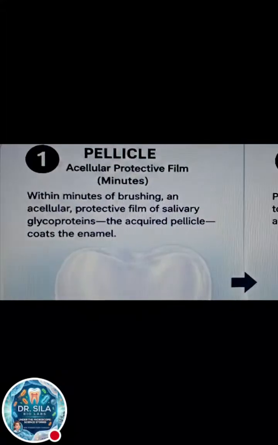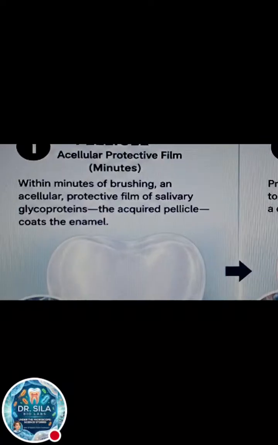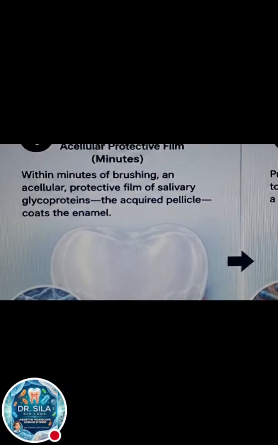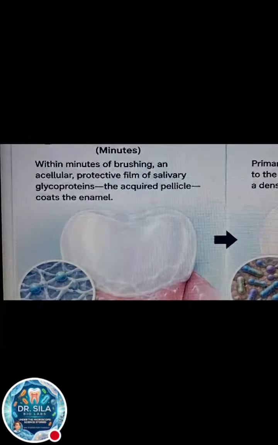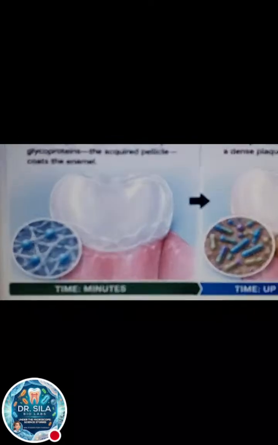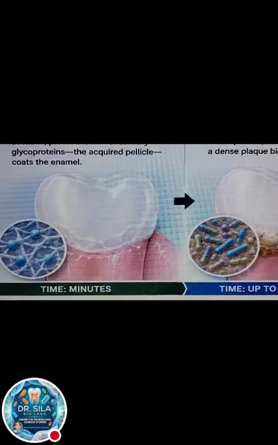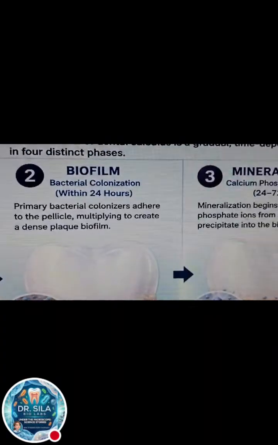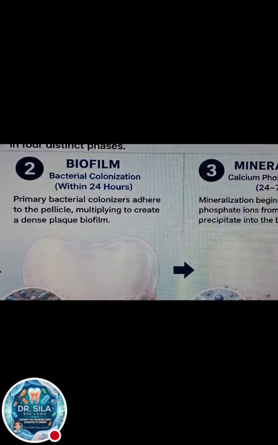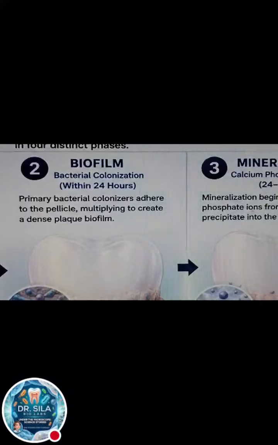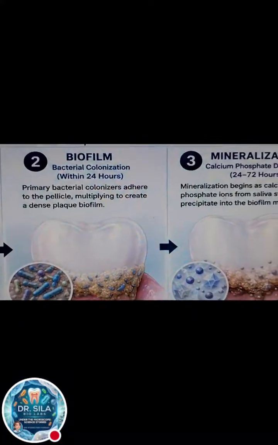Pathogenesis, step by step. First, the pellicle is formed within minutes of brushing, an acellular protective film of salivary glycoproteins. The acquired pellicle coats the enamel within minutes. Then the biofilm, that is plaque, forms with bacterial colonization within 24 hours.